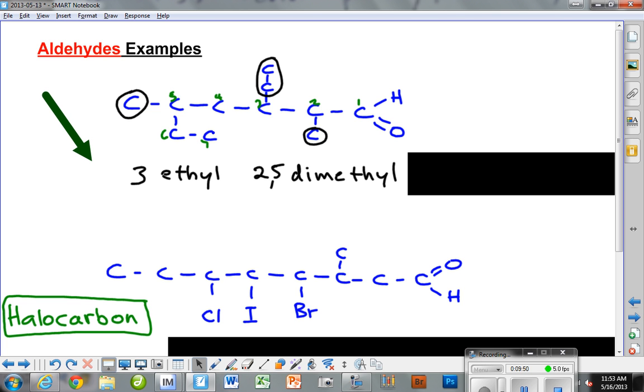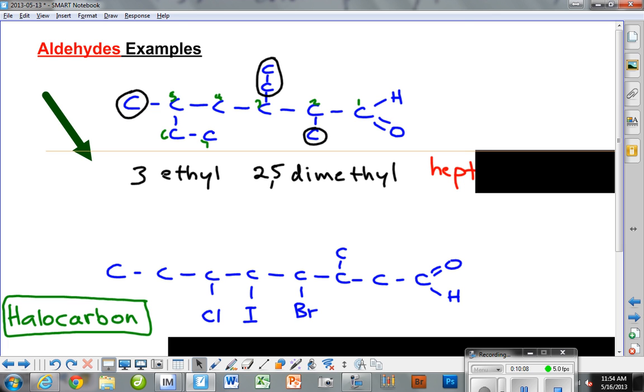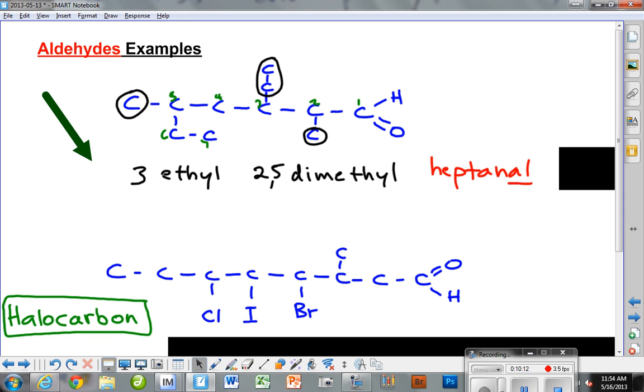And so that's why we have 2,5-dimethyl. You see, up to this point the naming is just as if we were naming an alkane, and this is not an alkane. Of course, it's an aldehyde. So the name itself, determined by having 7 carbons, would be hep, and it's heptanal. And why is that?